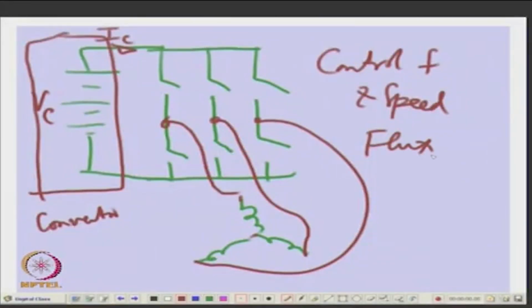Now, what are the limitations in these things? Air gap flux is a limitation. You can't pump any amount of flux. What is the other limitation?